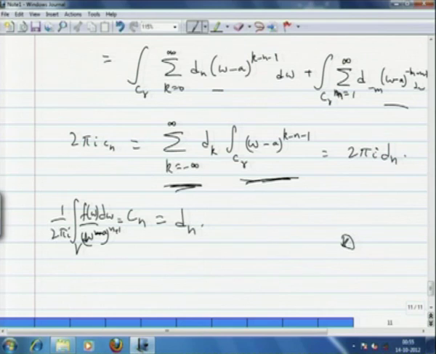So, that proves the uniqueness part of Laurent's expansion. So, there is a unique expansion as a double ended series of f where the coefficients are of this form, which is 1 by 2 pi i times the integration over gamma of f of w by (w minus a) power n plus 1 dw. Okay. So, I will stop here.